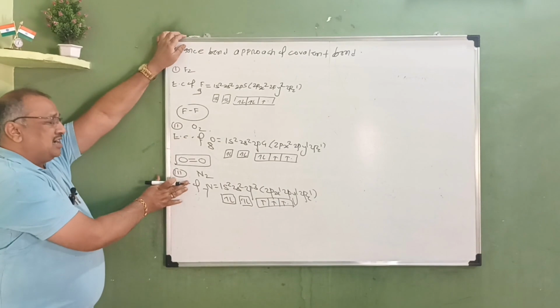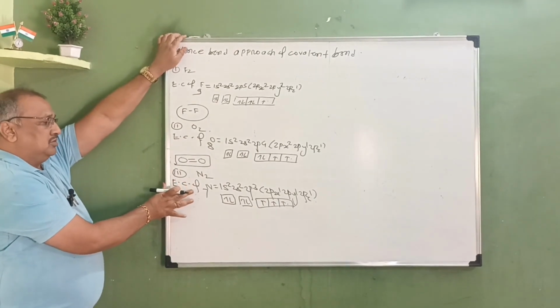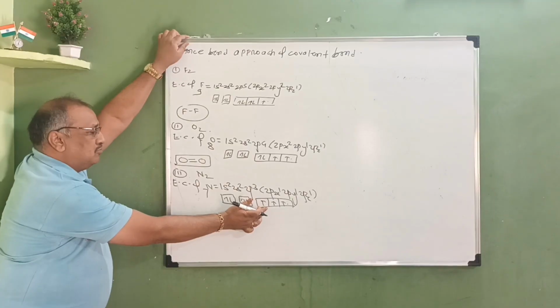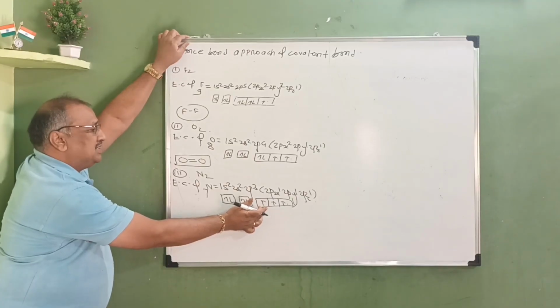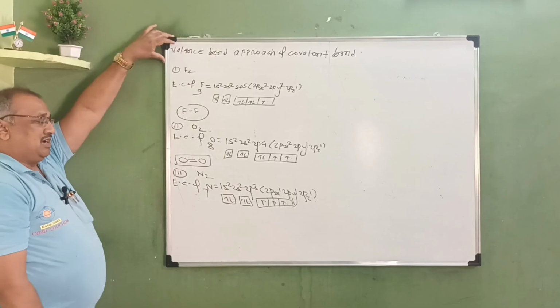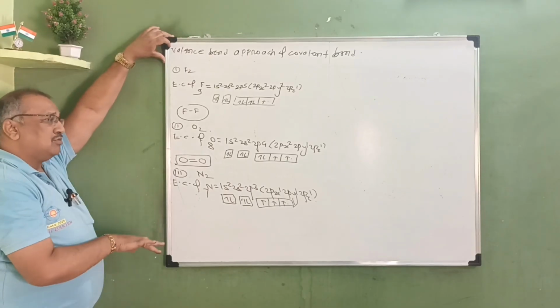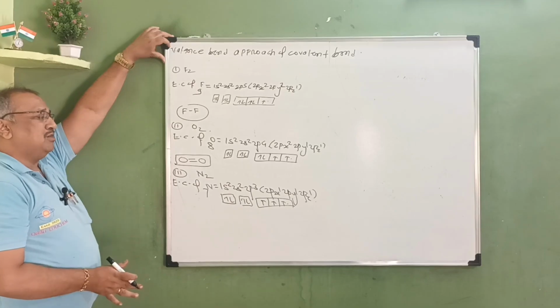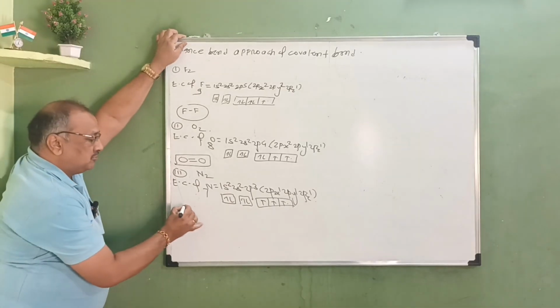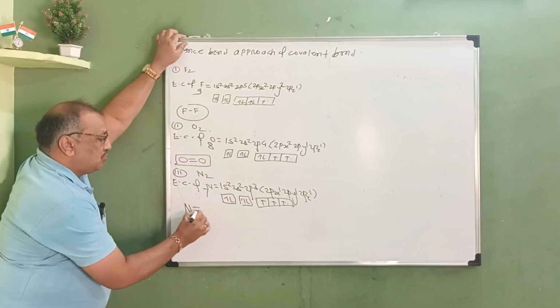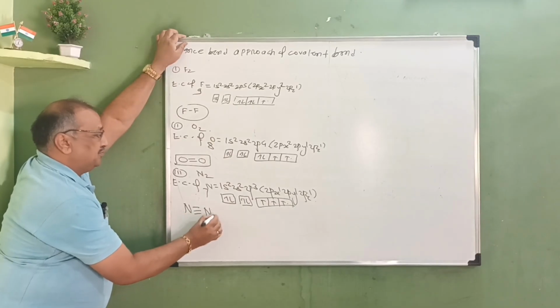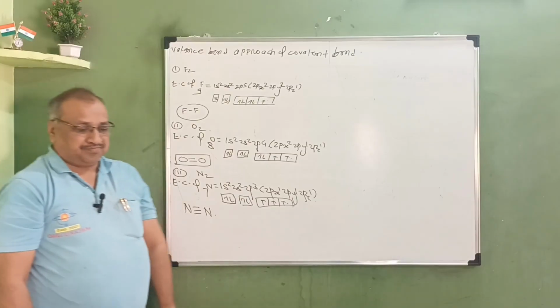That means here the nitrogen atom has three unpaired electrons present in 2px, 2py and 2pz, or the nitrogen atom has three half-filled atomic orbitals. Therefore, the nitrogen atom forms three covalent bonds.